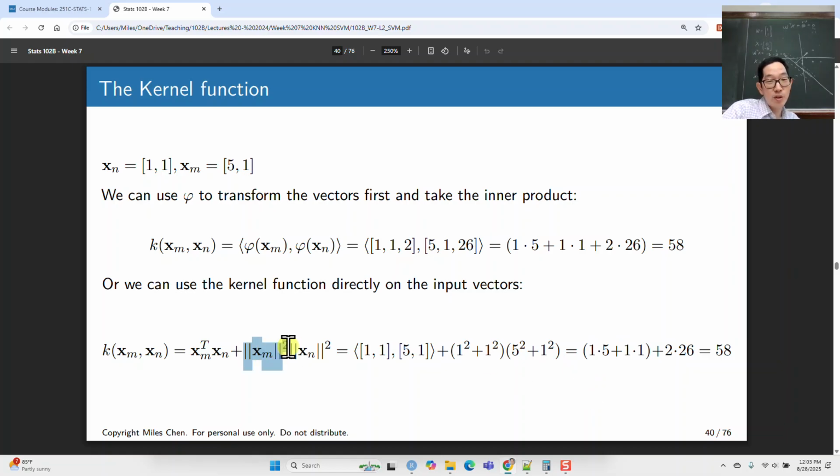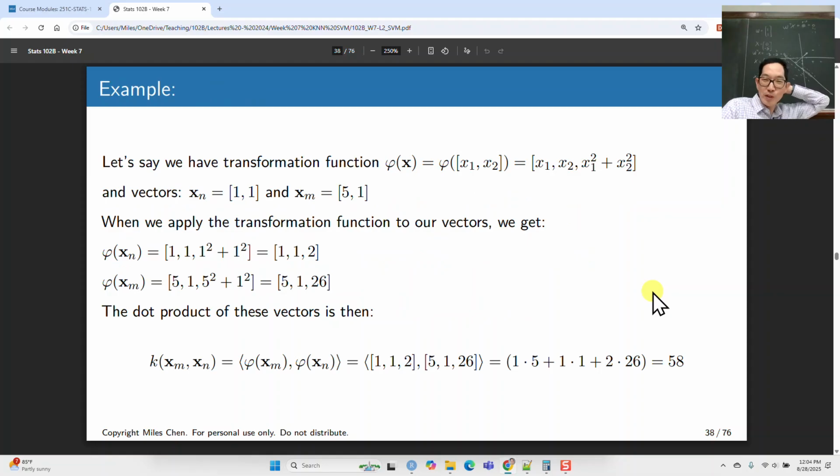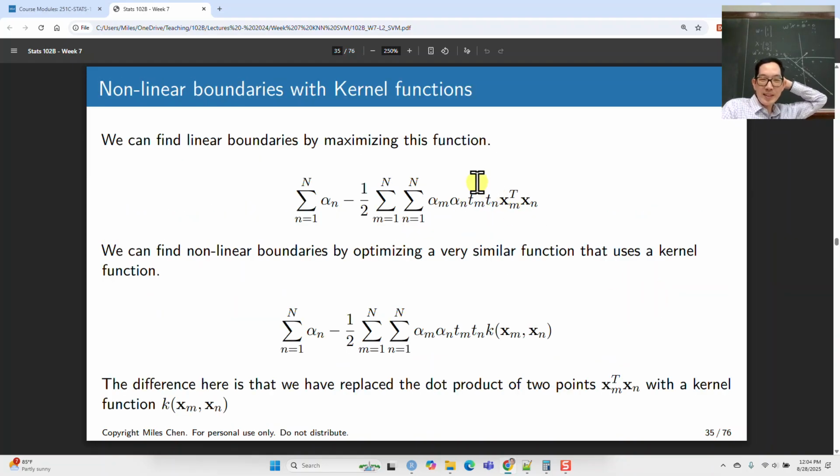Then I take the norm of this squared, which is 1 squared plus 1 squared, so 2, and the norm of the other, 5 squared plus 1 squared, so 26. This is 2 times 26, and over here I get 6, so this also adds up to 58. And so by doing this, we have an equivalent thing here, okay?